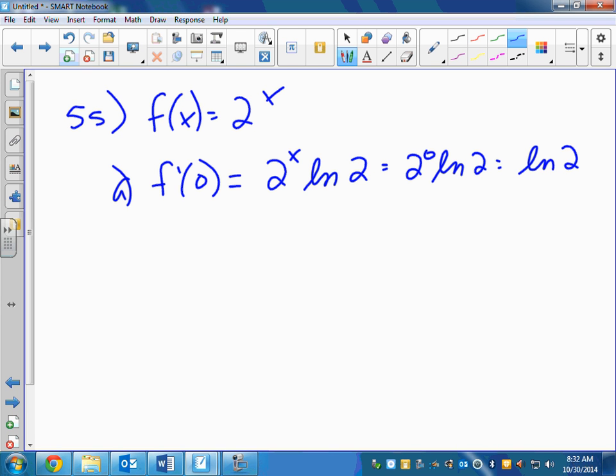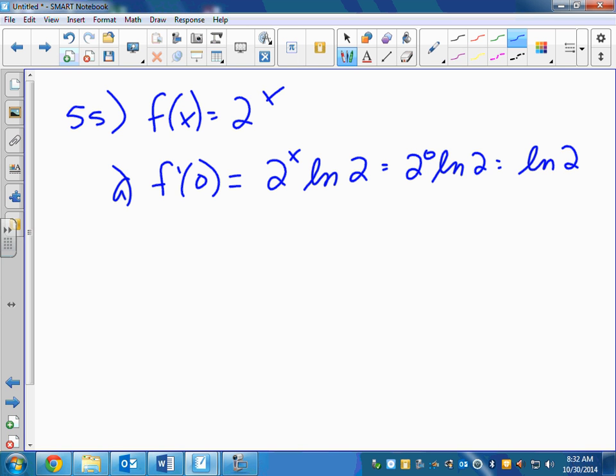This is kind of a looking for a pattern problem here. And so part B says use the definition of the derivative to write this as a limit. It's been a while since we did the definition of a derivative as a limit, but parts C and D are kind of giving you the hint of what to do there.